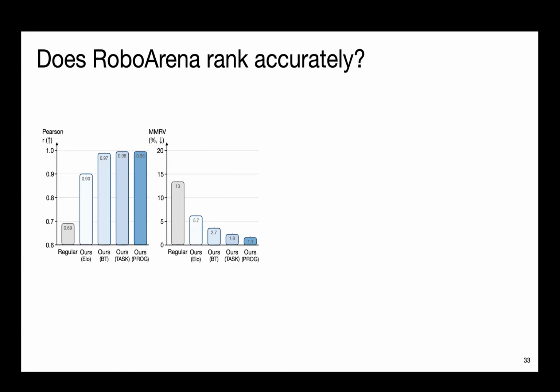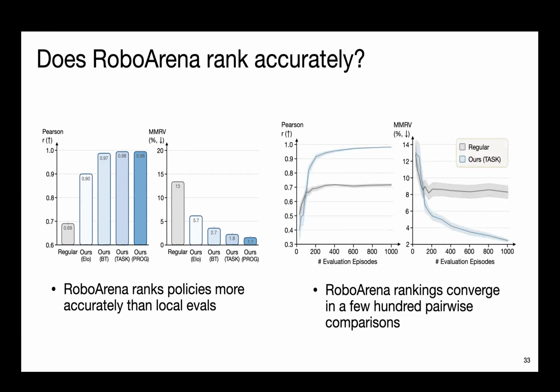This is something that we ran for the purpose of this paper, where we asked evaluators to virtually evaluate all policies in all scenes. As a result, we get the ground truth, and we can see that our pairwise comparison, where we tried different ranking approaches, but basically all the right bars, approaches the ranking of this ground truth evaluation quite accurately. It also converges reasonably fast: within a few hundred pairwise evaluations, we were able to order the set of policies correctly.